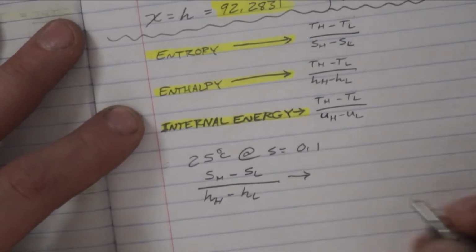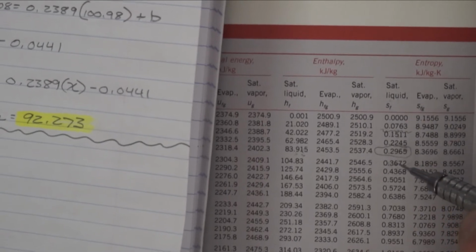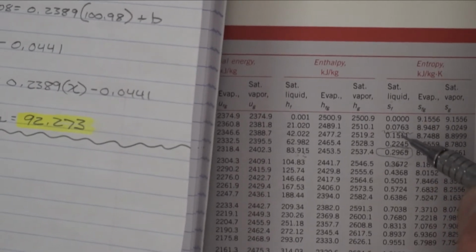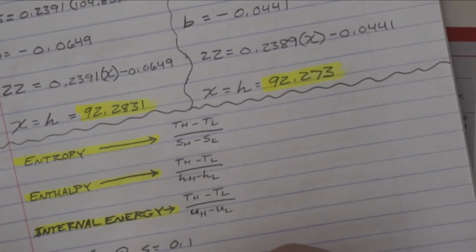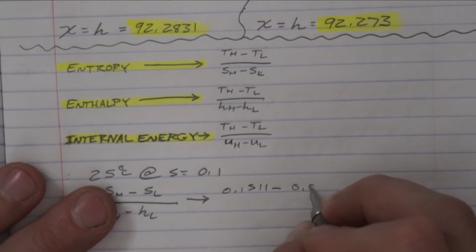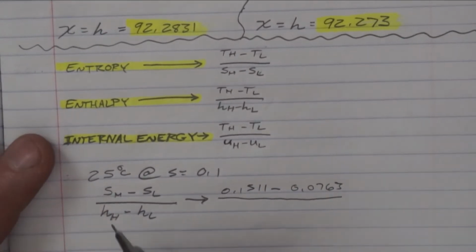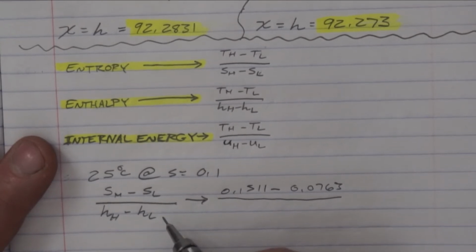So we look at our highs and lows as a liquid, the S_f, between the values where 0.1 lies, which is 0.1511, minus the number below that, which is 0.0763, and then our H value we don't know.